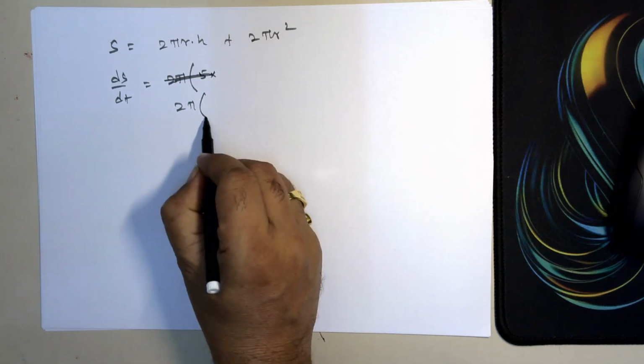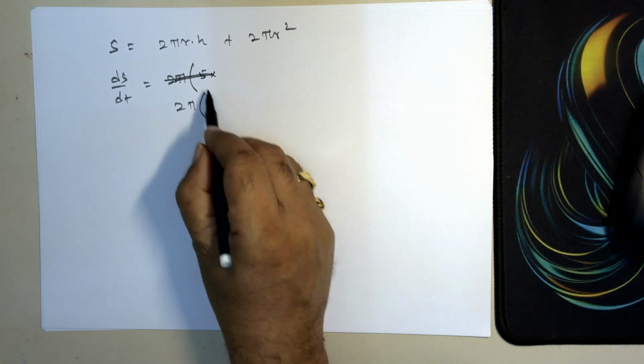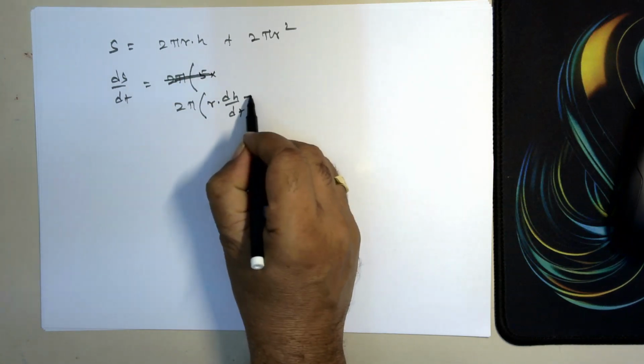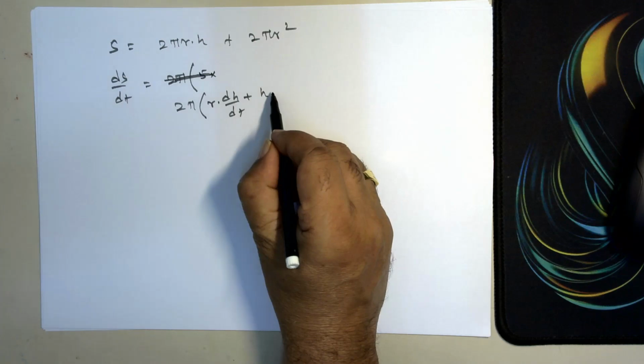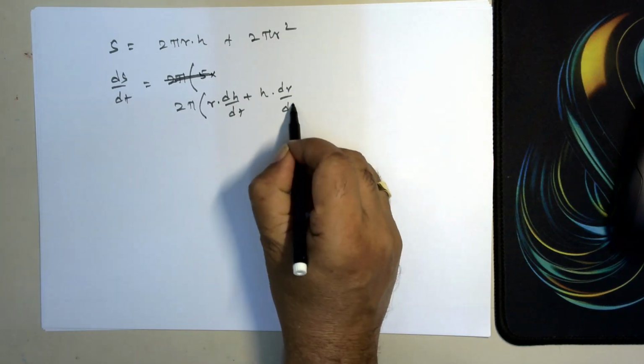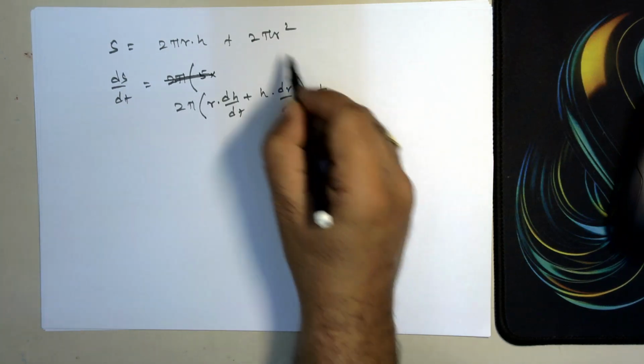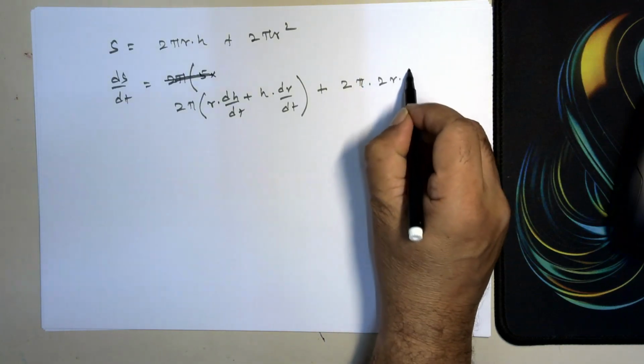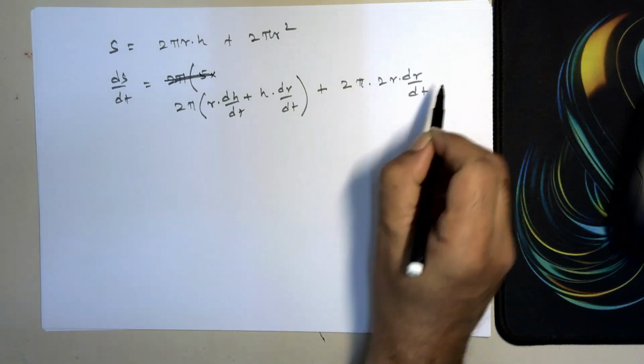So 2 pi into r dh by dt plus then h into dr by dt, okay, plus 2 pi into 2r dr by dt.